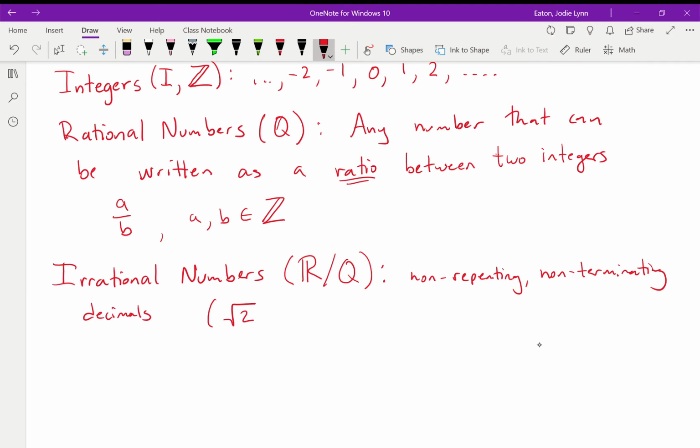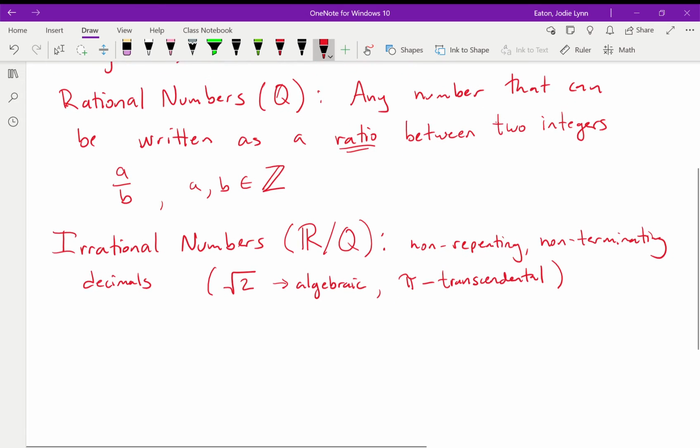These are called algebraic irrational numbers. And you're going to see numbers like pi that are called transcendental irrational numbers. Algebraic irrational numbers can be found as solutions of some polynomial with integer coefficients. And transcendental numbers, we can't even do that.